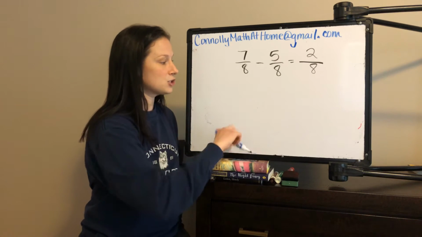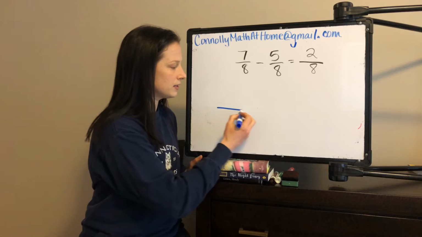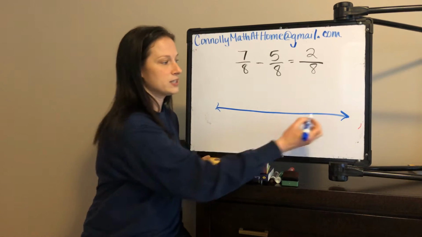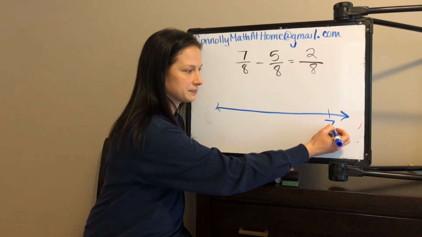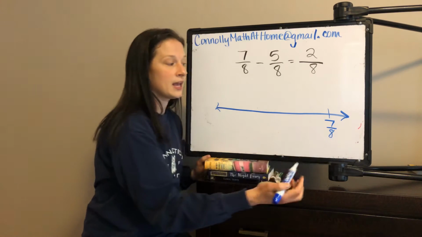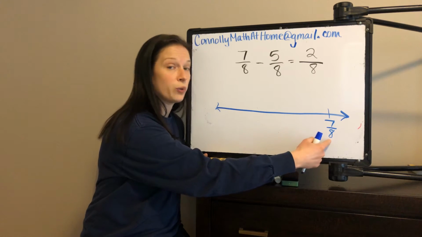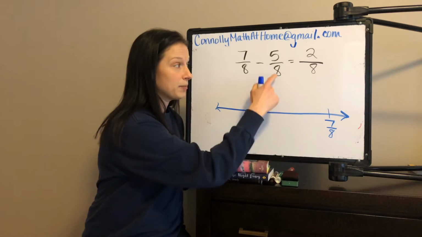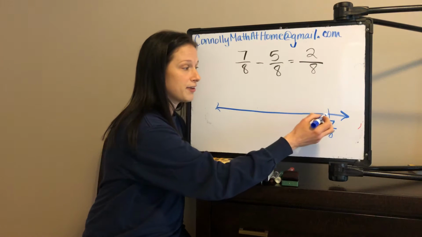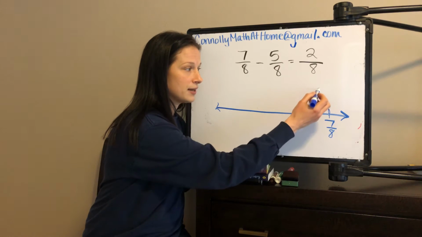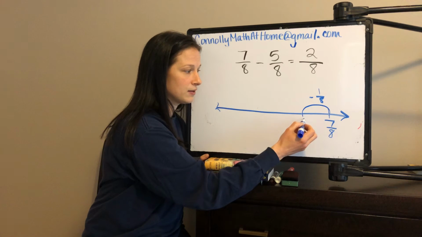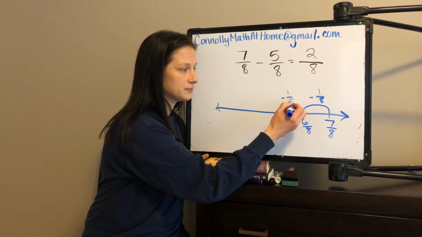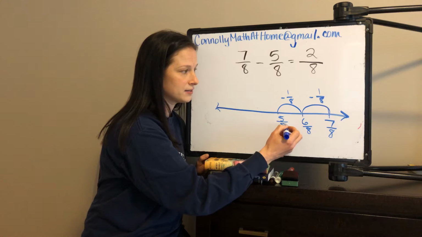What I'm going to do first is start with 7/8. I'm starting over here because when we're subtracting, we want to go backwards. I'm going to show that I've subtracted 5/8. Minus 1/8 gets me to 6/8. Minus 1/8, 5/8.